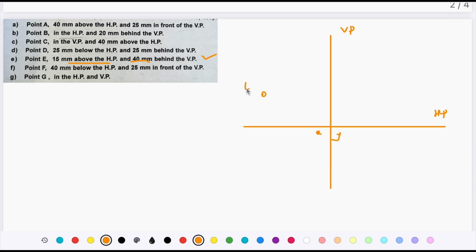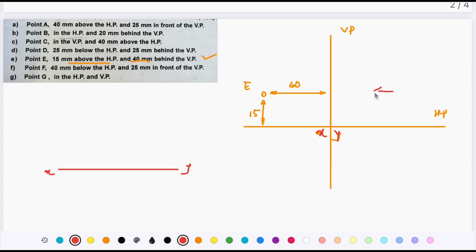So this is point E. It is 40 behind VP and 15 above HP. So it is located in second quadrant. So we know that front view, top view both are going to be overlapped above XY line. So this is XY. In solution, let's say this is XY line.